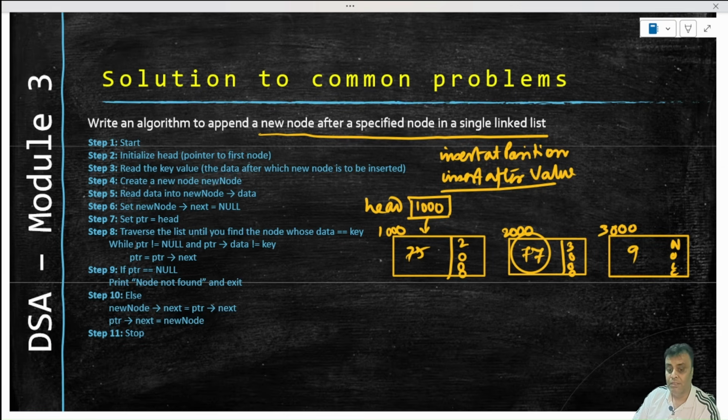And then what we'll do, we'll take a pointer, because we have to go till here, right? After means we will have to create a new node like this, which is, let's say, at 4000, and then instead of this pointing here, you have to point here and you have to point here.